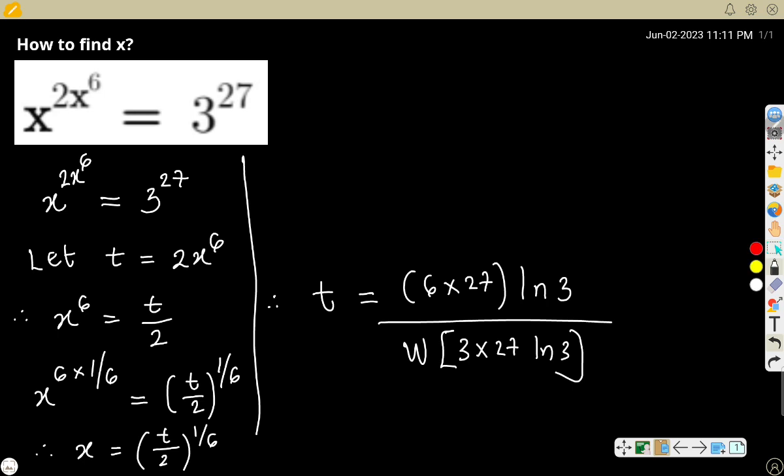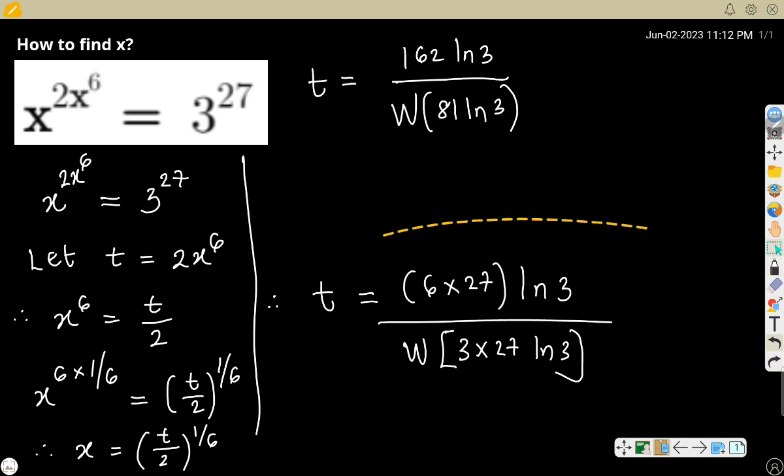So multiply 6 times 27. So we have 162. So T equals 162 ln 3 divided by W, 3 times 27, that is 81 ln 3. So this is our T.